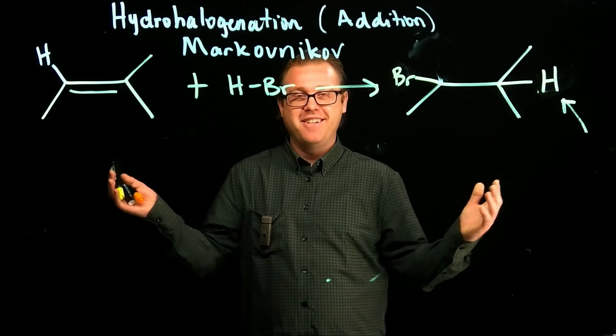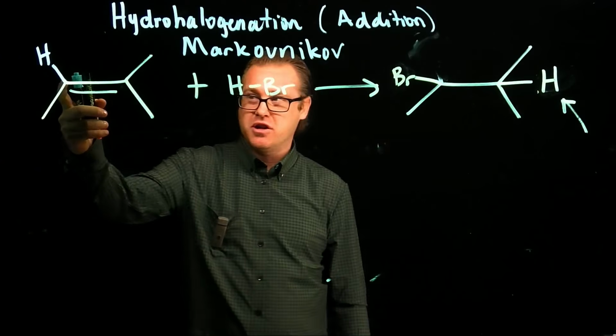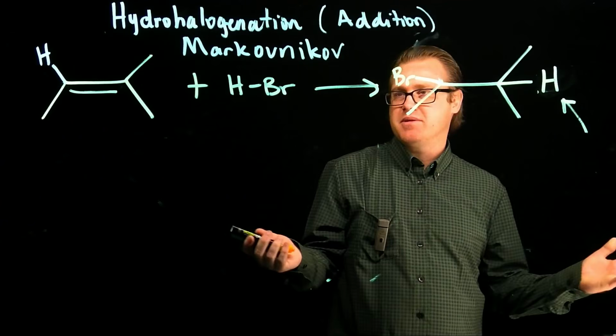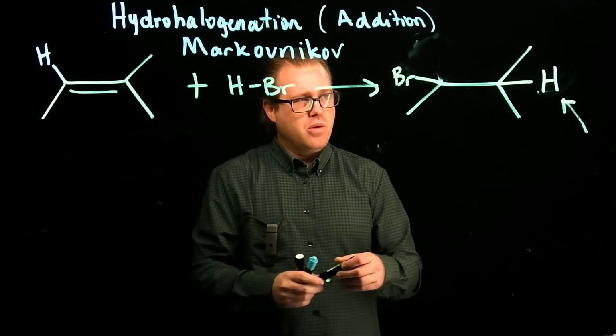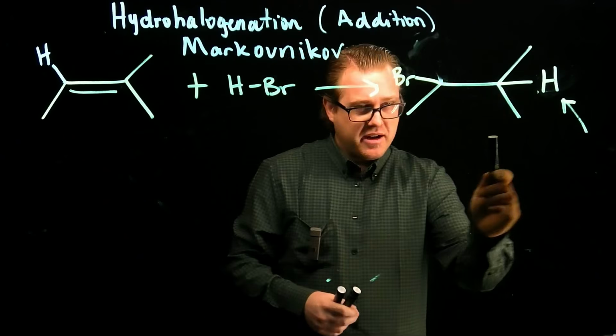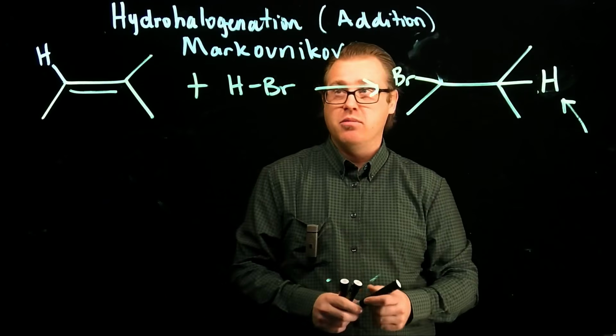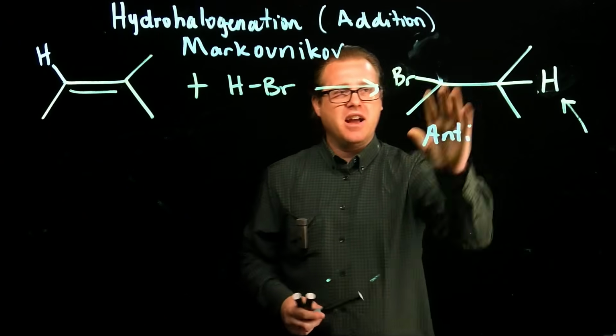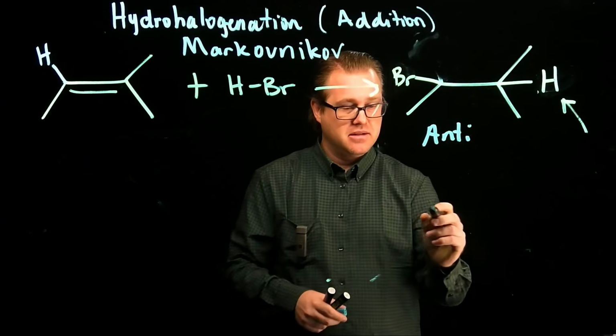Markovnikov says, hey, the hydrogen goes to the carbon with the most hydrogens, but other people are saying, no, we're getting the opposite result. And so this product right here is called the anti-Markovnikov product.